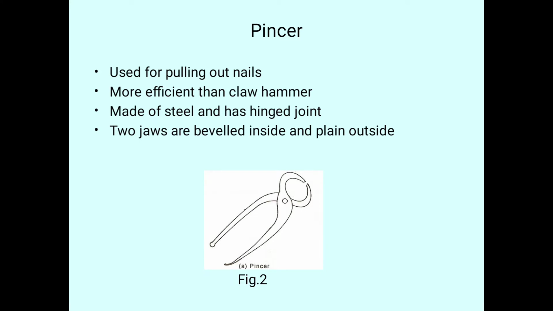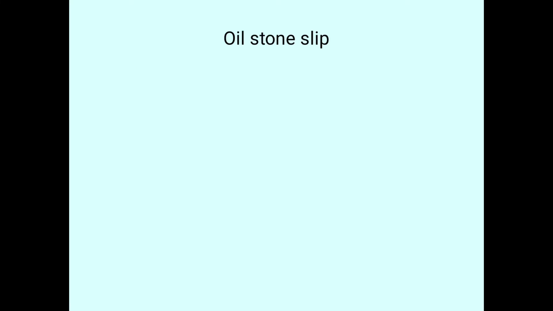The two jaws are beveled inside and planed outside. The contact surfaces of the two jaws of the pincer have a sharp edge. Next, oil stone slip.